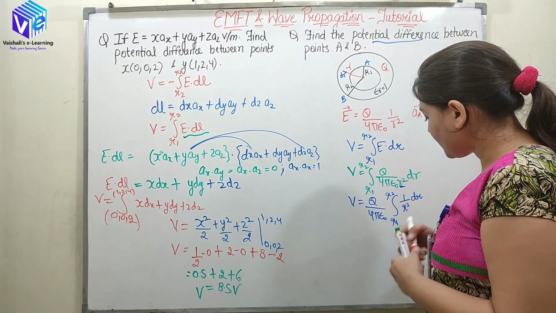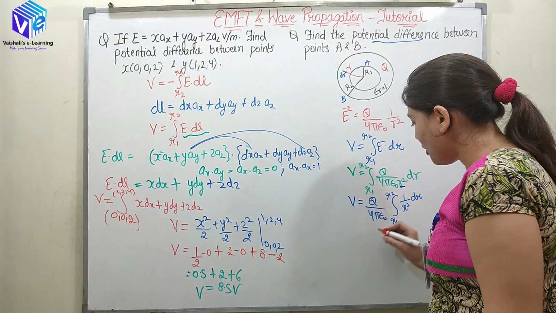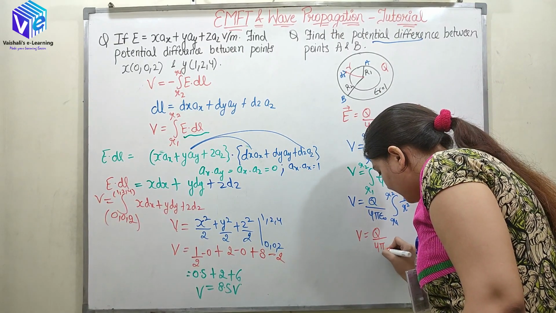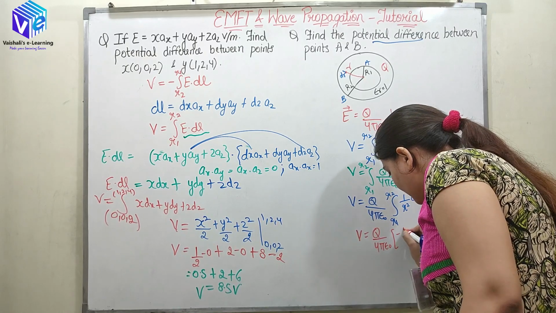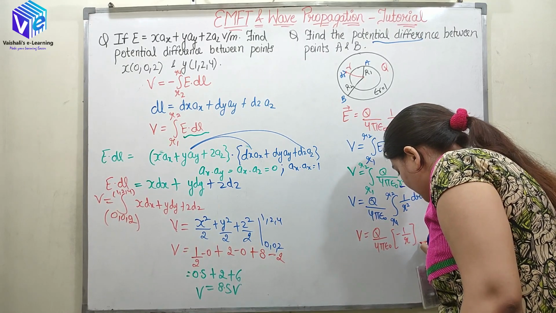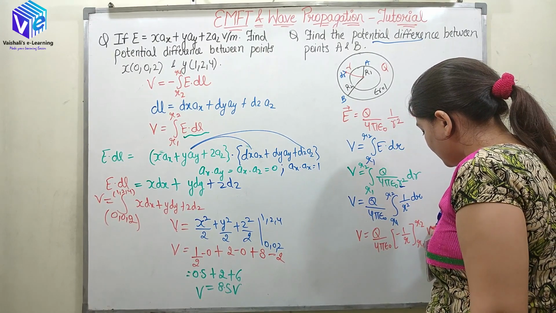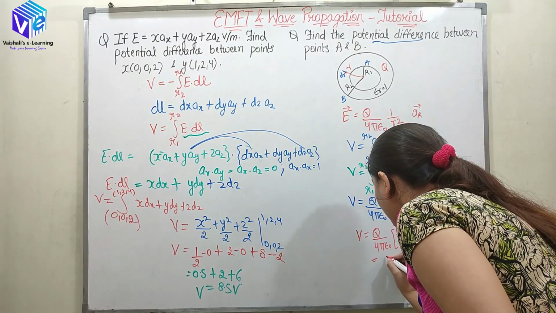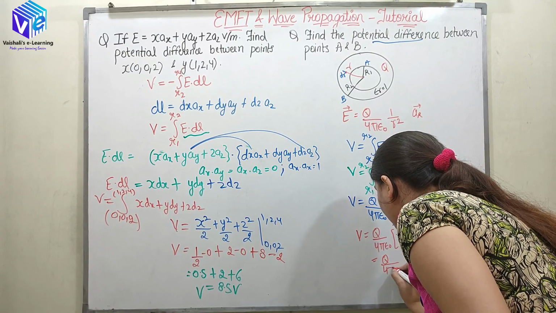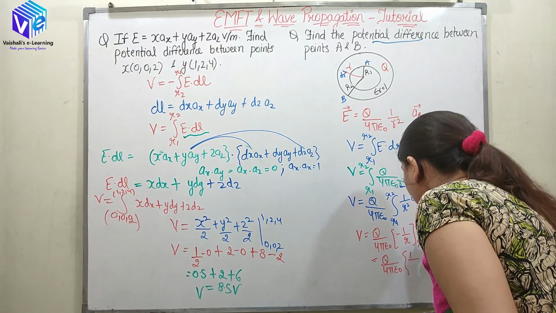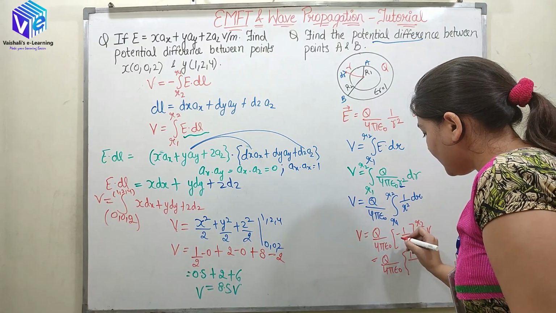Now we know the integration of 1 upon r square. So V will be equal to Q upon 4 pi epsilon naught, minus 1 upon r, and the limits are from R1 to R2. So it's in volt. If I simplify it, it is Q upon 4 pi epsilon naught, with the limits from R1 to R2, and here I have a negative sign.